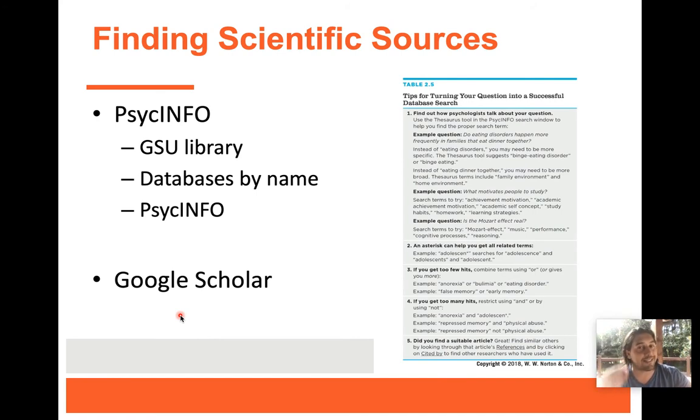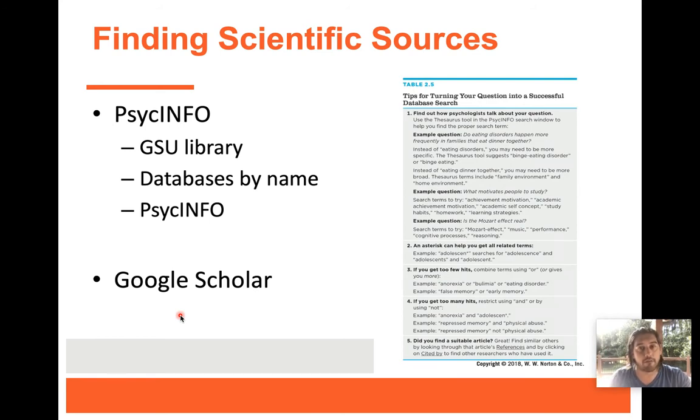Versus if you did that same search, bilingual language development, in Google Scholar, it will only return scientific material. You're not going to get journalism. You're not going to get blogs. You're not going to get Facebook pages and things like that. So this is a nice way to try and find materials as well.